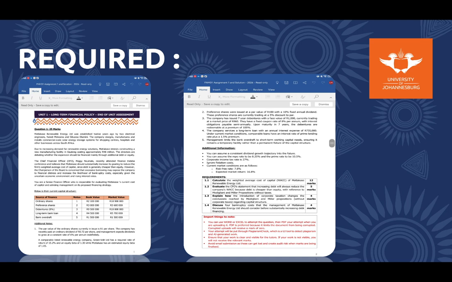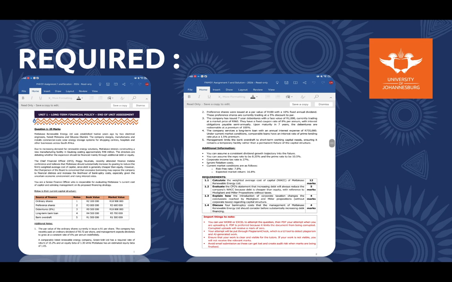So given this information, you know that you're going to be using the CAPM formula as well to find your cost of equity, right? Then you know that once you have to use both formulas, the DGM, the dividend growth model, as well as the CAPM formula, then it means that you're going to have to find the average cost of equity, right? And that is what you're going to be using to calculate your WACC.